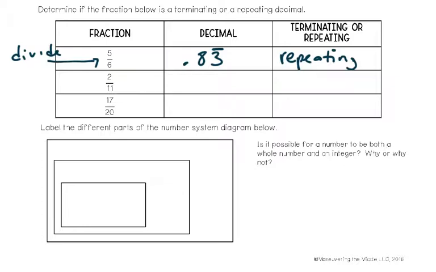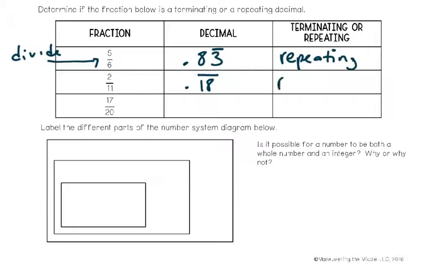The next one is 2/11. You can use your calculator. 2 divided by 11 is 0.1818. The 1 and 8 repeat. Since the 1 and the 8 repeat, you put a little line over the 1 and the 8. So it's a little hat that tells you that you're going to put 0.18 repeating forever.